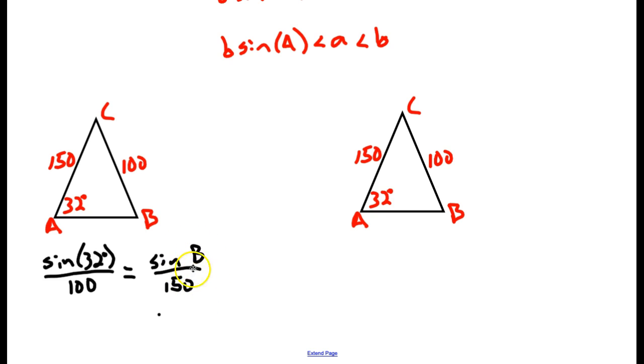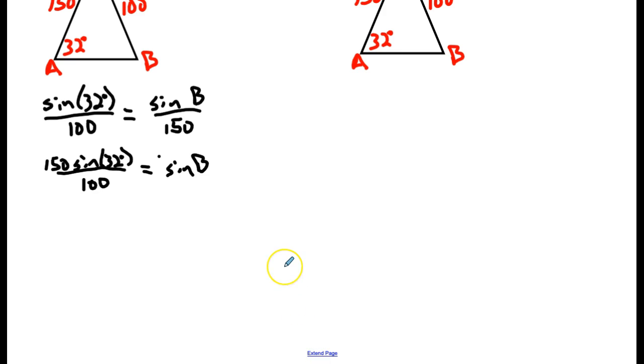The first thing I'll do is multiply both sides by 150. So we end up with 150 times the sine of 32 over 100 equals the sine of B.